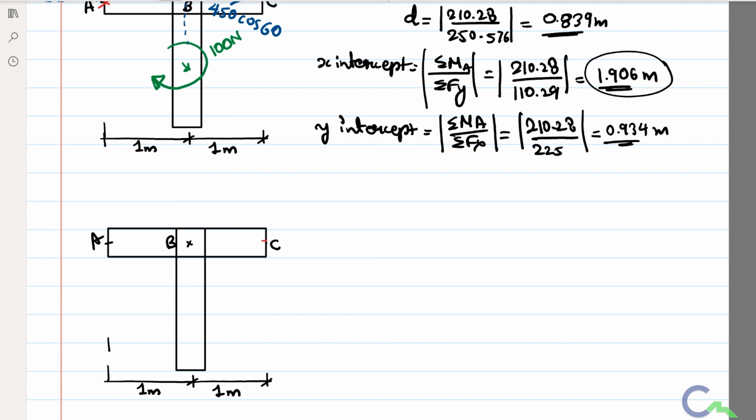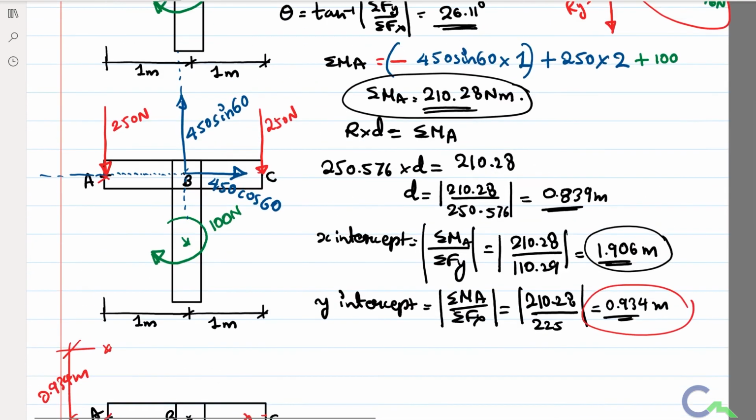So X intercept we got 1.906 from A. So in this direction I will show that one. So X intercept 1.906 meter. Then Y intercept we got 0.934 meter.